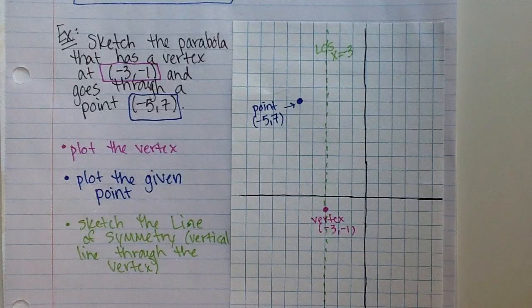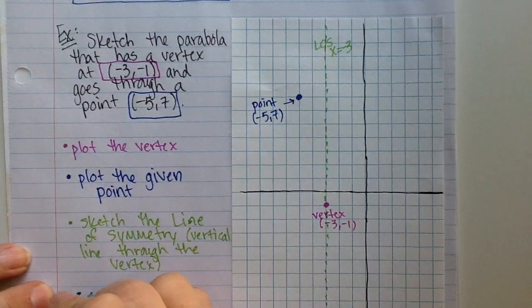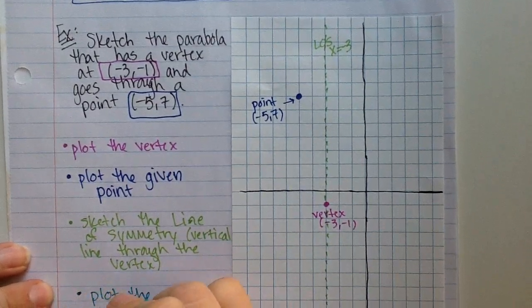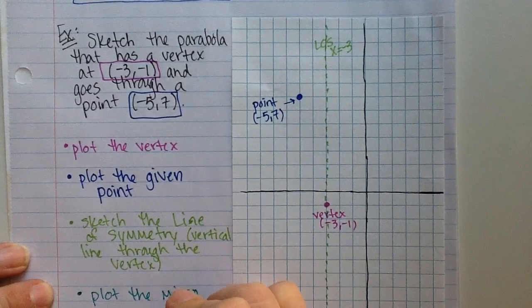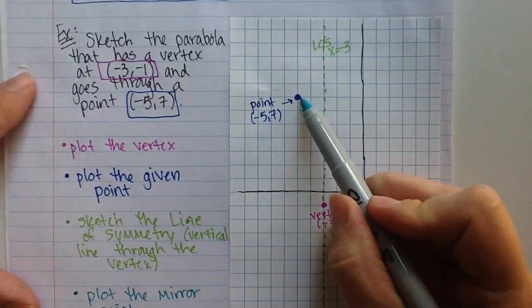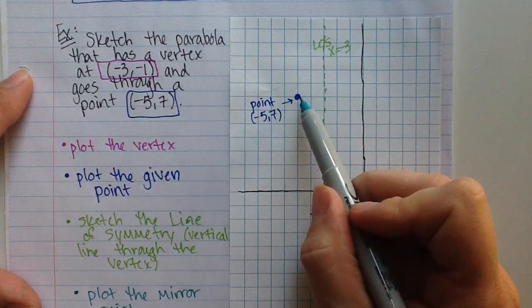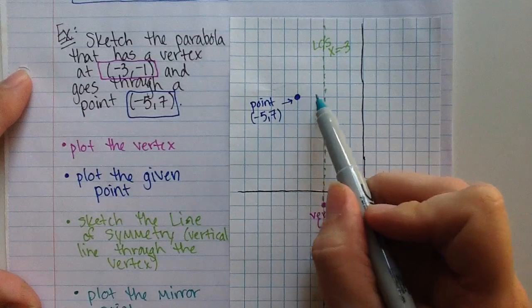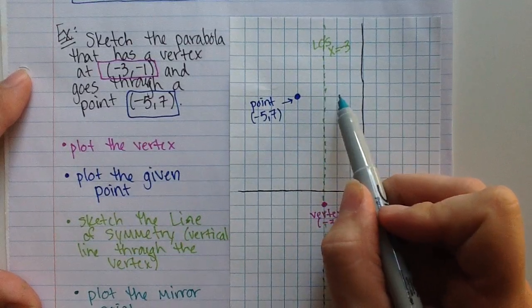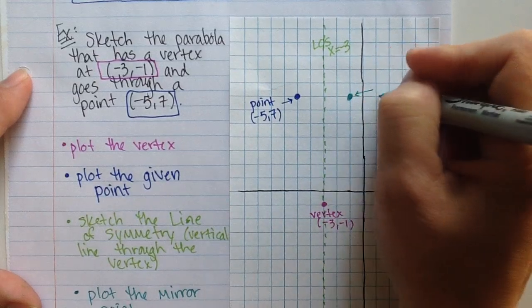And then after I do that, I am going to plot the mirror point that I would have due to symmetry. So this point right here would have to be reflected across that line. So if I just go straight to that line, I'm going over 2 spaces, so I would go 2 more spaces, and right here is the mirror point.